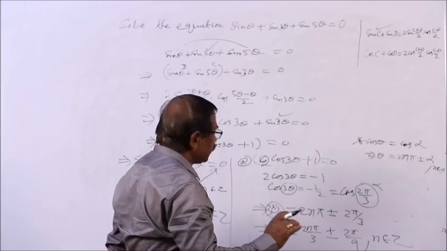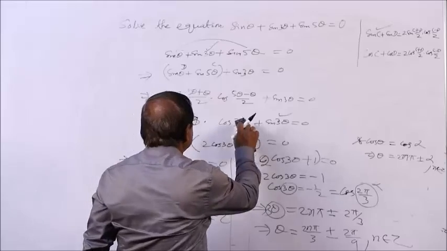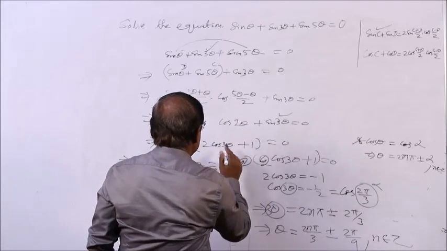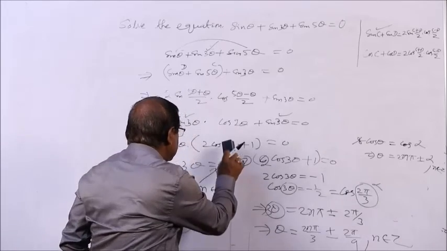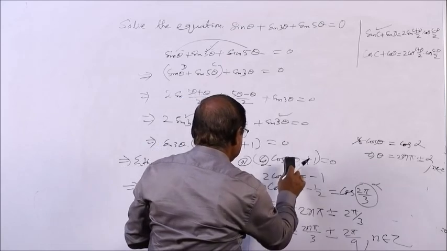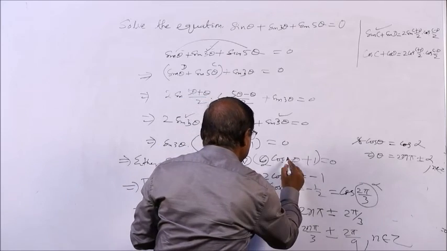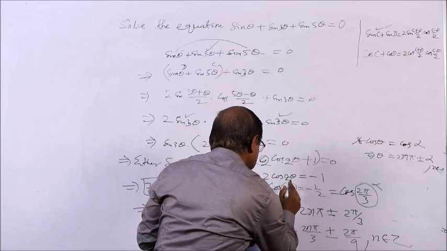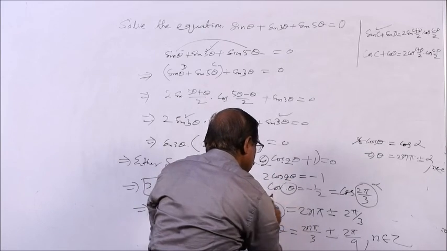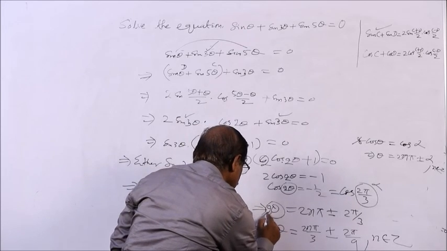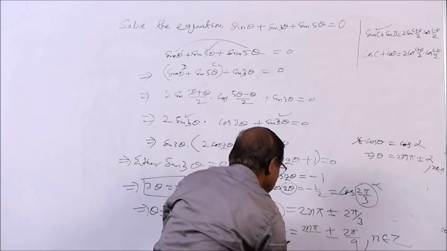Oh, sorry. This is not 3 theta, this is 2 theta, sorry. This is 2 theta, so it will be divided by 2.